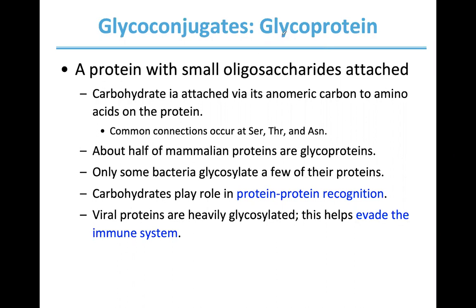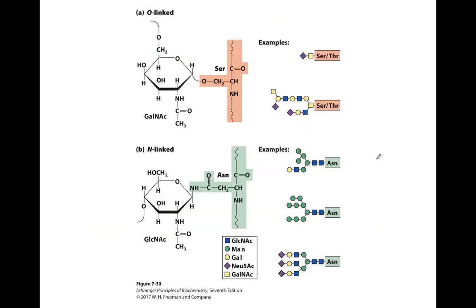So glycoproteins are proteins which have carbohydrates attached to them. And as I mentioned to you, actually half of mammalian proteins are glycoproteins, right? So whenever we talk about proteins, always keep in mind that these proteins have sugars attached to them. And there are two primary ways of attaching a sugar to a protein. One is through a serine residue on a protein, right?